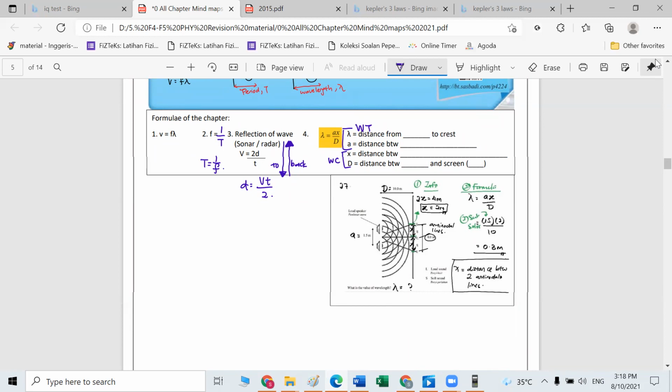X is the distance between two antinodal lines. Good.